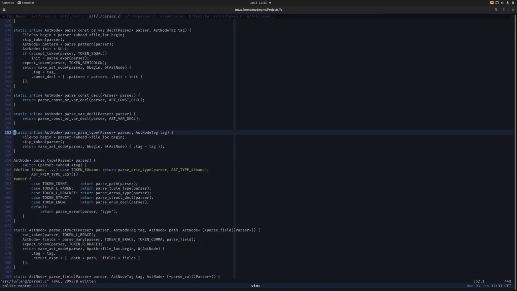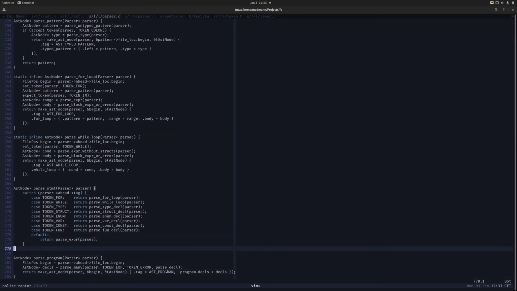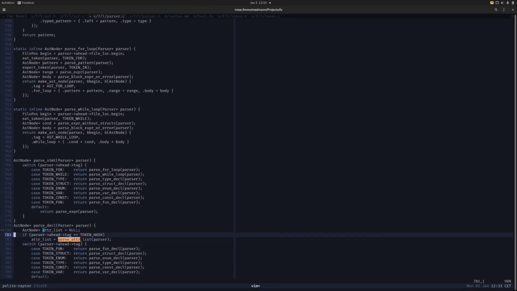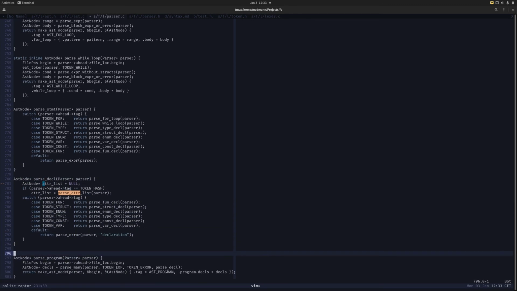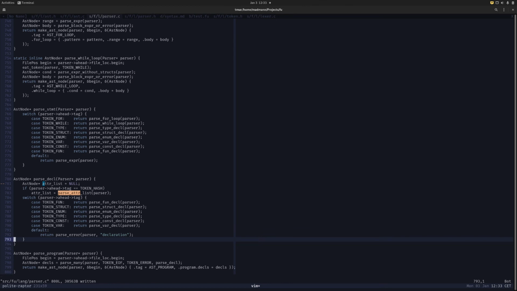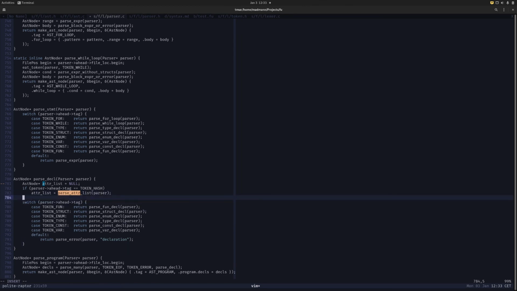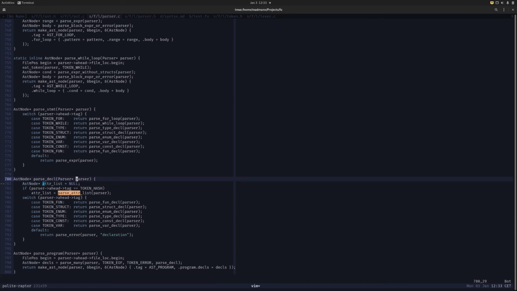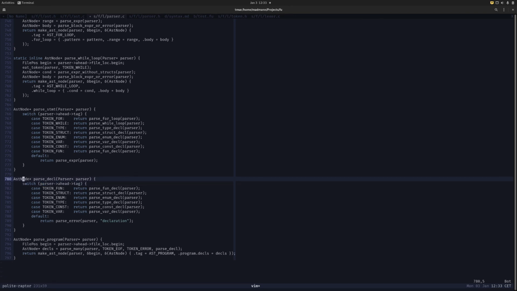I'm going to move this function later. And then I'm going to say AST node, or I can do something a bit more clever than this. So this will be parse decl without attr list.